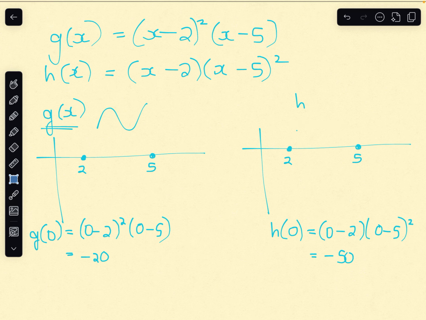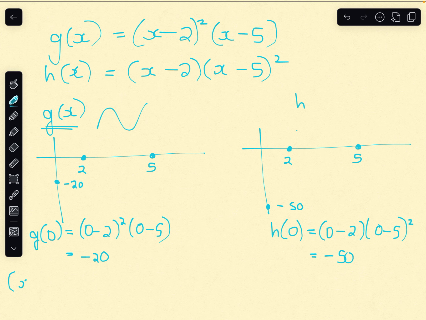So if this one's y-intercept is here, this one's y-intercept is a bit lower at minus 50. Then let's see what's happening with the turning points. I'm going to need to multiply these things out.